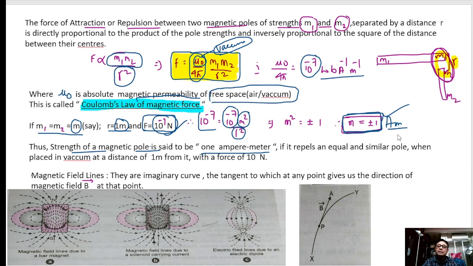Please note that this is ampere meter. So when can we tell this is 1 ampere meter? When the force of attraction or repulsion is 10 to the power minus 7 Newton, and the two poles of similar strength are placed in vacuum at a distance of 1 meter.